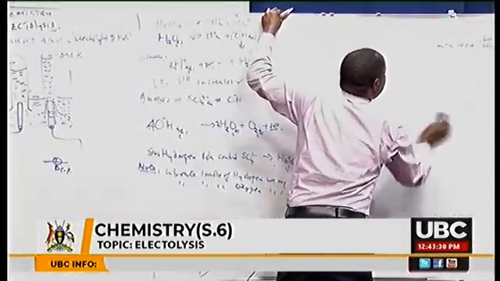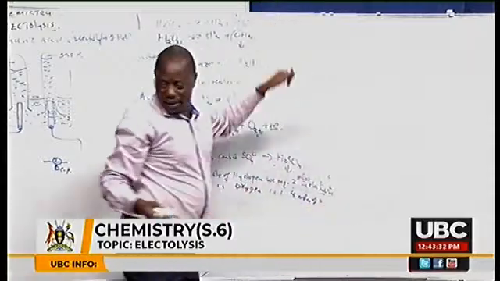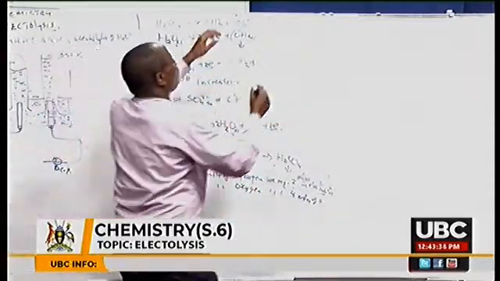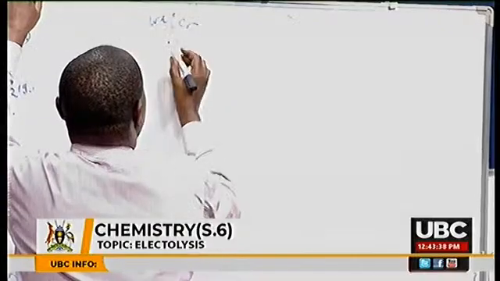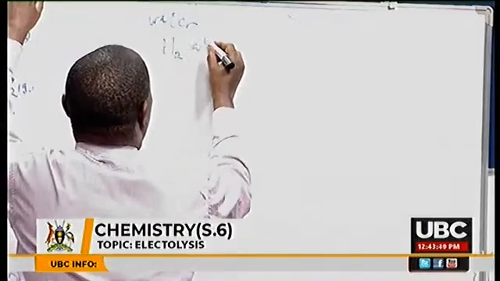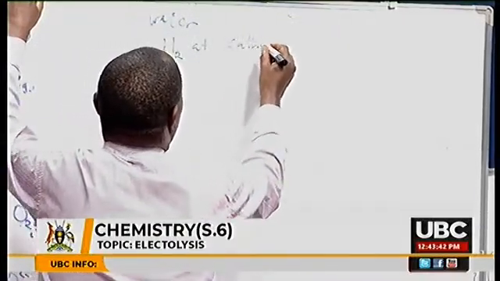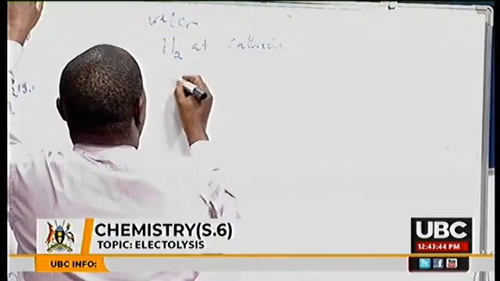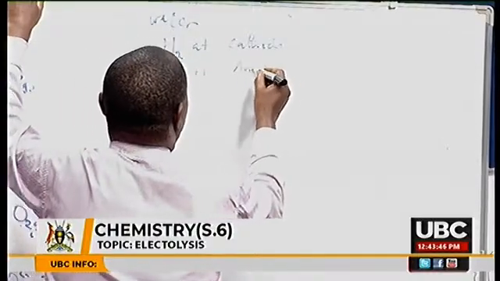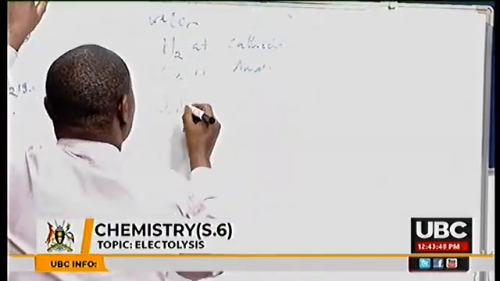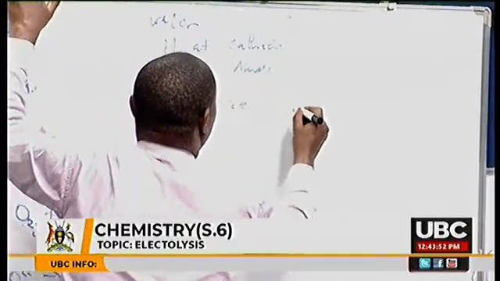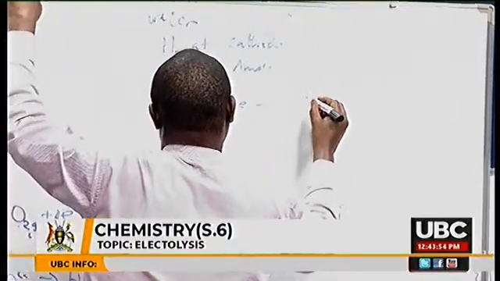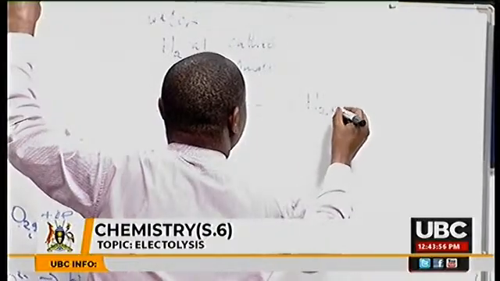So in any electrolysis containing water, which produces hydrogen at the cathode and oxygen at the anode, we have 2 hydrogen ions plus 2 electrons to form what? To form hydrogen gas.